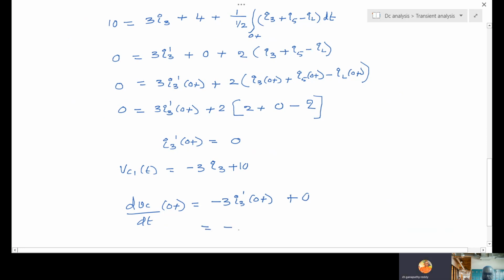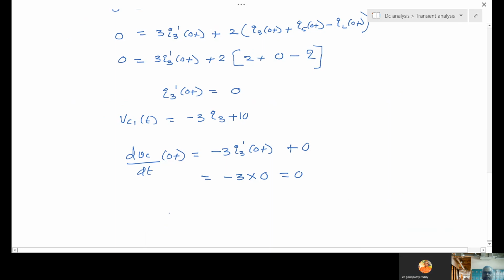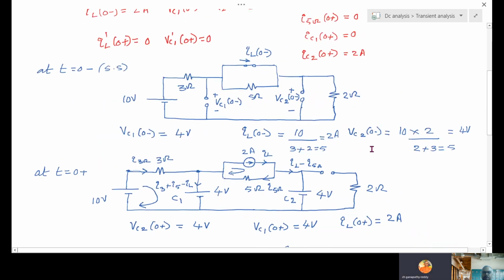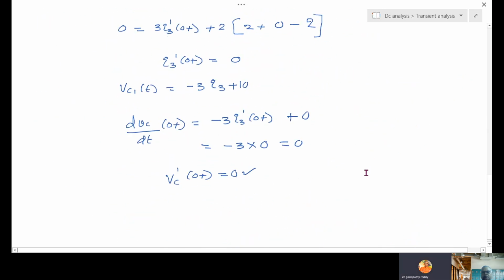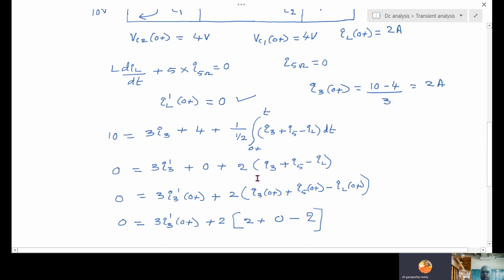So minus 3 into 0 equal to 0. So VC prime 0 plus is 0, IL prime 0 plus. This is the question. Okay. So like this you have to solve. Carefully go through this.